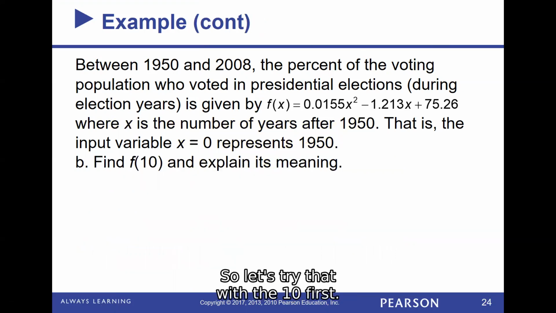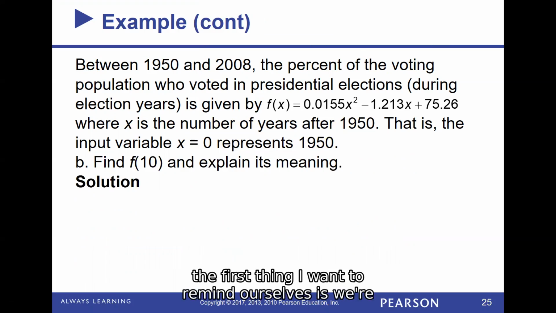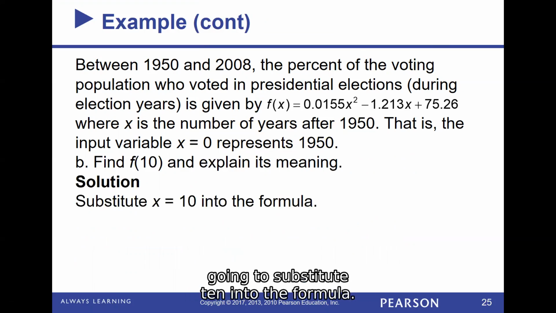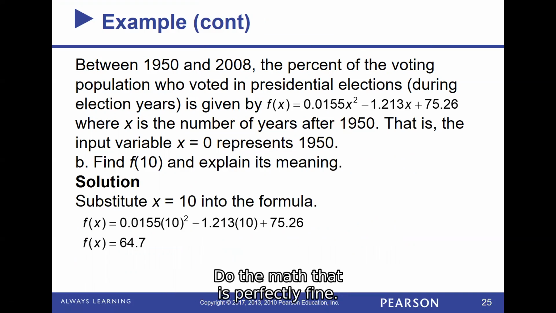Let's try that with the 10 first. Let's find f of 10 and explain its meaning. The first thing to remember is that we're going to substitute 10 into the formula. You can do this by hand, but these are some big decimals, so if you want to stick it in the calculator and let the calculator do the math, that is perfectly fine.